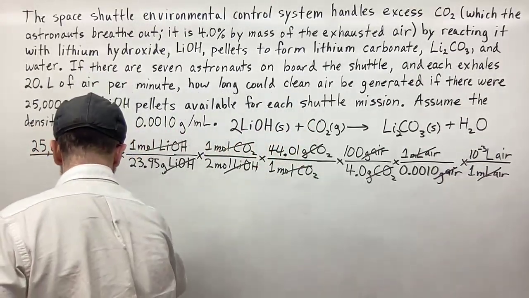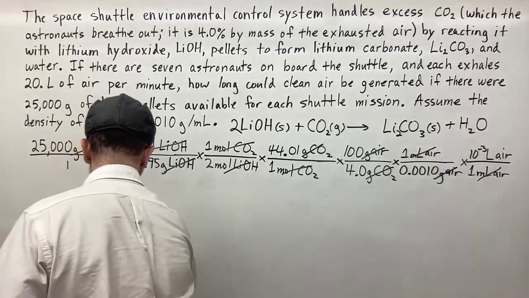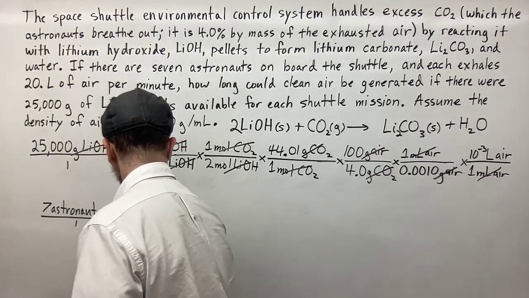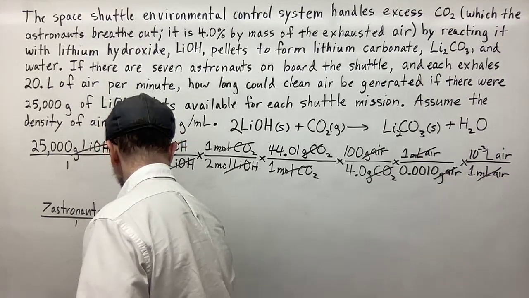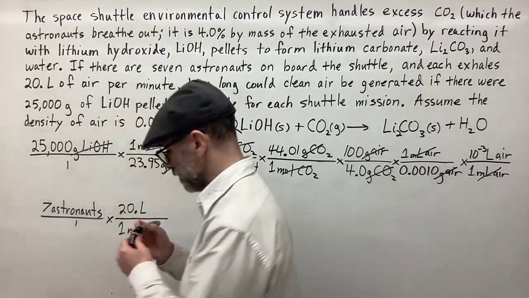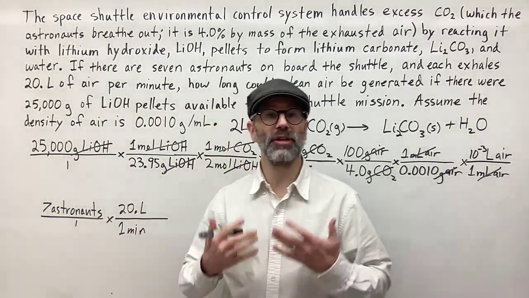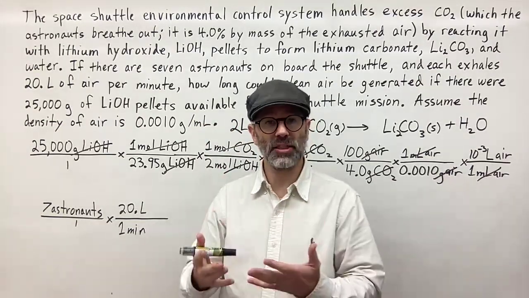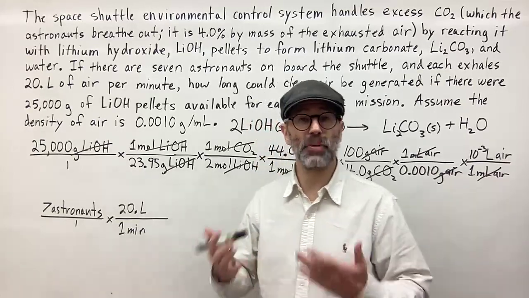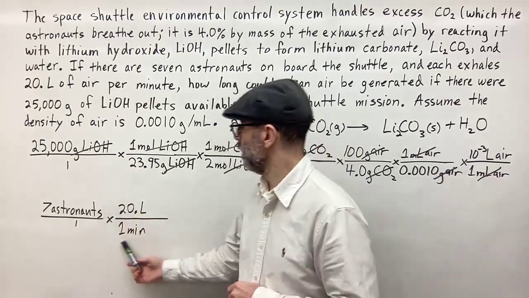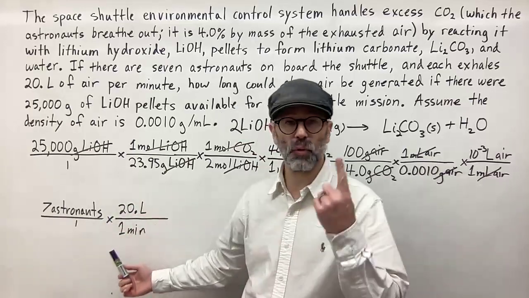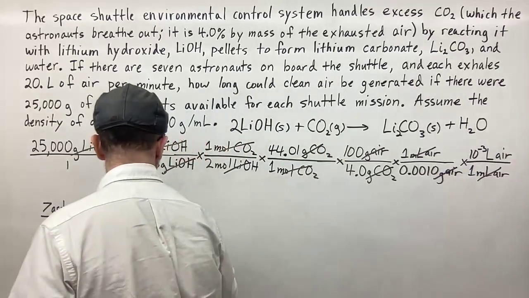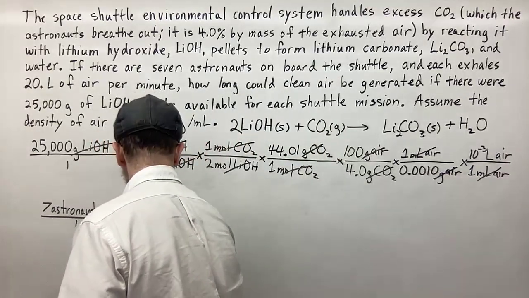So if I take the 20 liters per 1 minute, this is the amount of liters of air exhausted by 1 astronaut per minute. But if I multiply by 7 astronauts, that's going to give me the total amount exhaled from all astronauts.